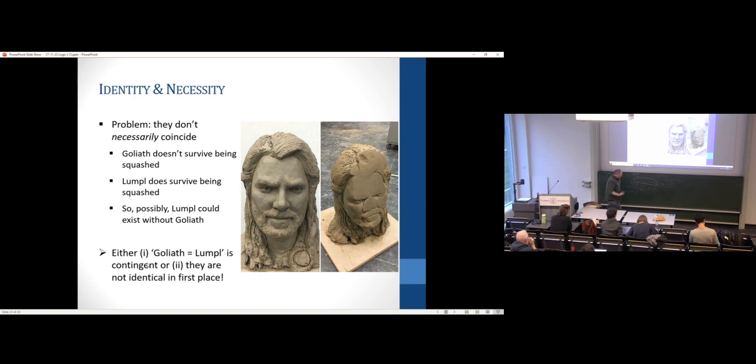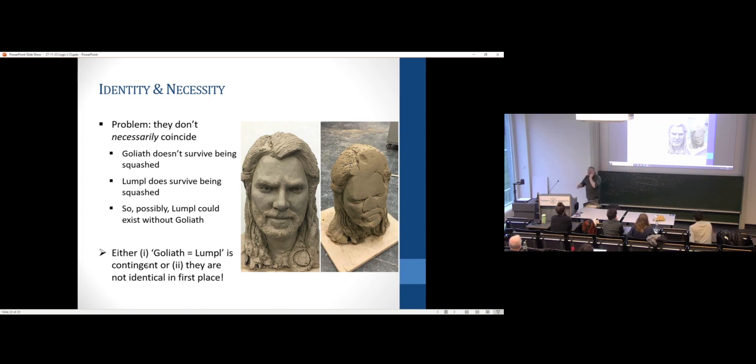So again, the upshot of the Lumpel and Goliath case is it looks like, in fact, they are actually identical, but it's possible that they're not. So either Goliath and Lumpel's identity is a contingent truth, could be true, could be false, or the identity claim was just false in the first place. So do we see the structure of the puzzle?